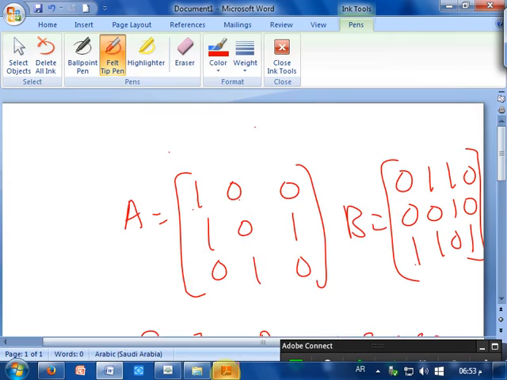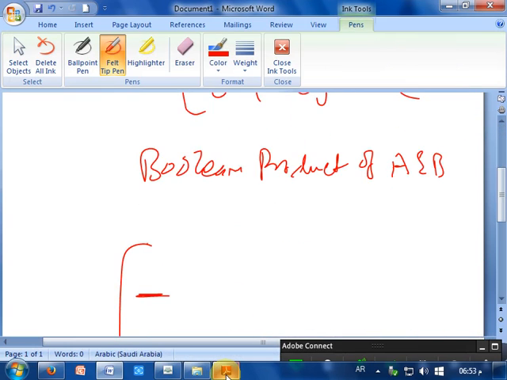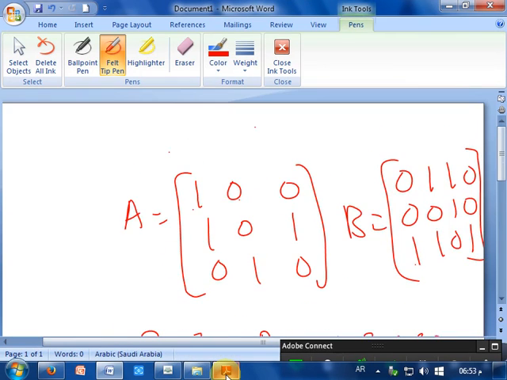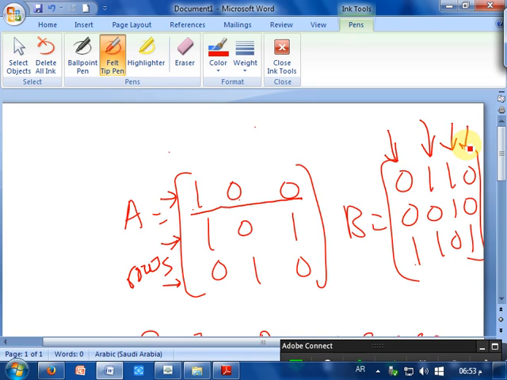Okay. Now, I'll repeat again how to multiply these numbers. See here, to get the first element of the result, you have to multiply the first row. These are the rows, and these are the columns. First row with the first column. Multiply and add.